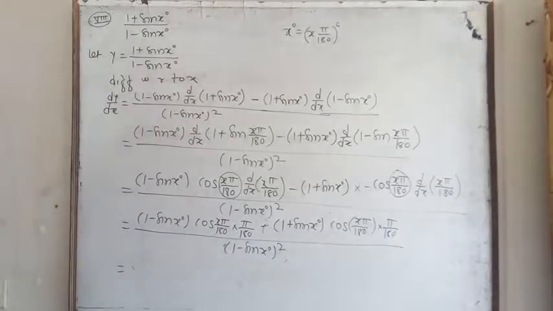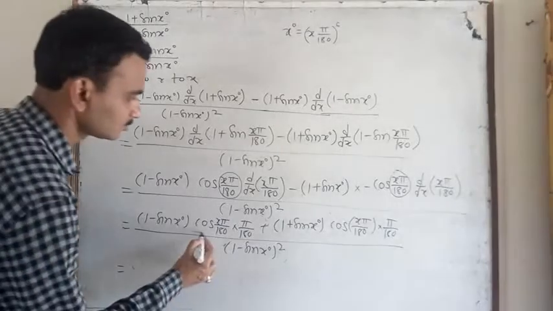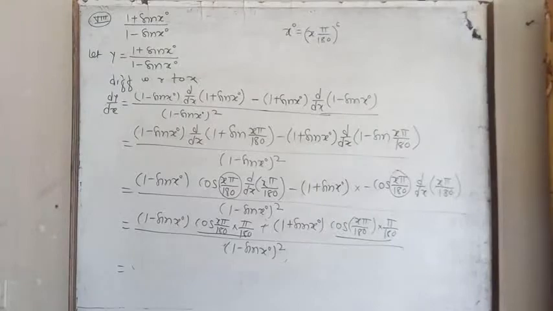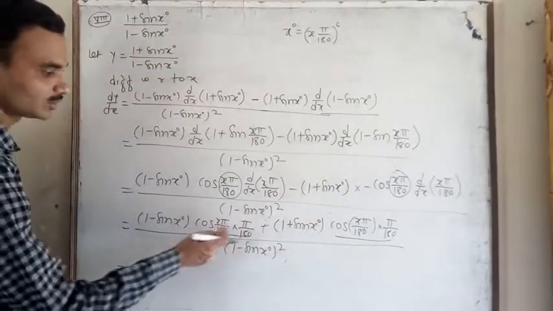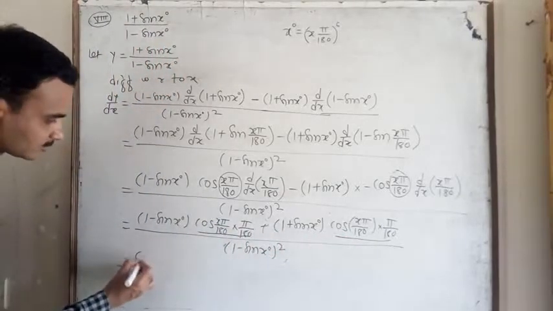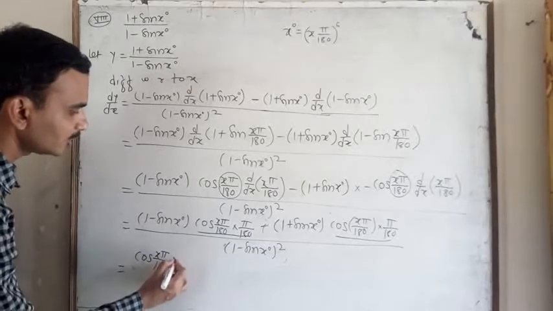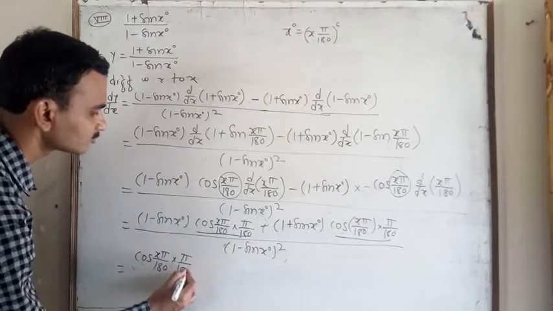In the numerator, here there is a common term, cos x pi upon 180 into pi upon 180. This is the common term in both terms. So we take common this term cos of x pi upon 180 into pi upon 180.